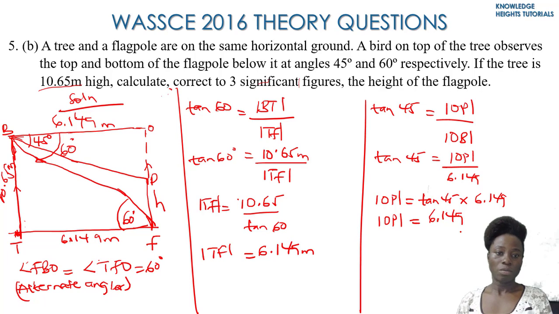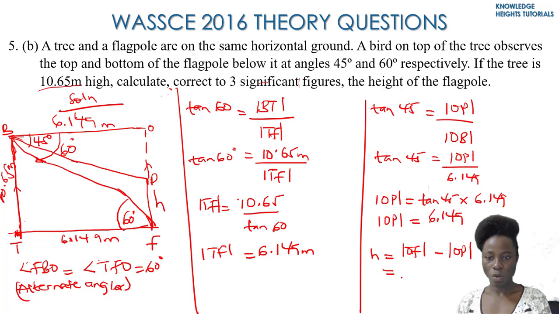Using our calculator, line OP will be equal to 6.149. But we are finding PF, which is the height. So to find that, you're going to subtract. So the height is equal to line OF minus line OP, which is equal to 10.65 minus 6.149.